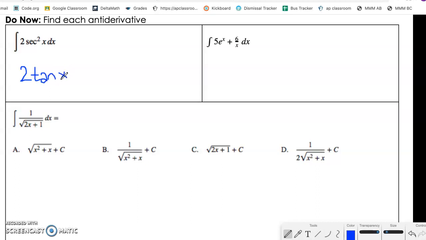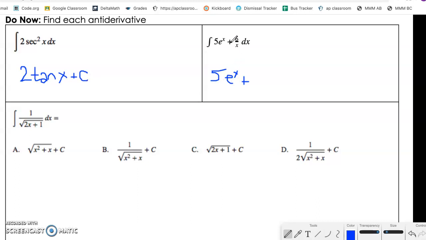The antiderivative of this one will just be 5. Antiderivative of e to the x, it's just itself, plus c over here.